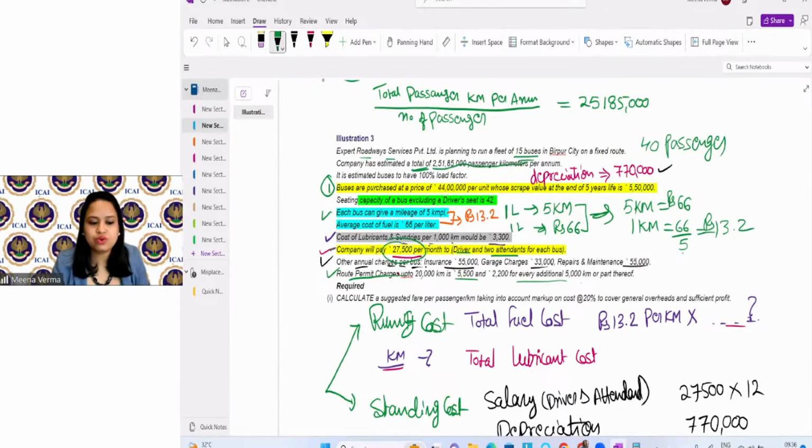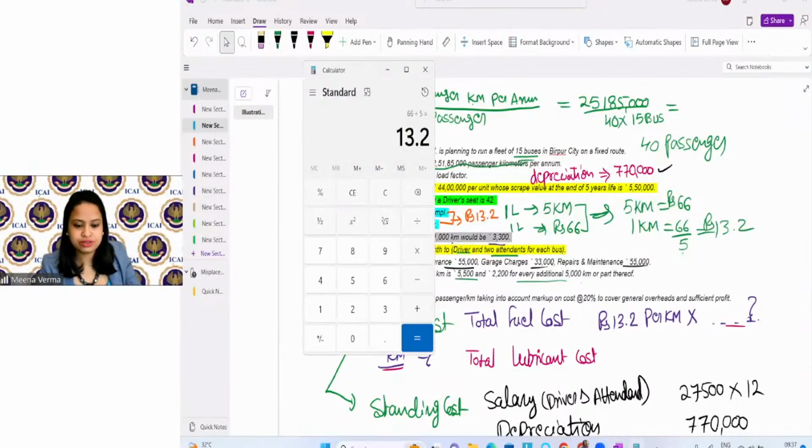And we want to find out the kilometer per bus. So just divide it with the number of passengers, which is 40 here, and the number of buses, 15 buses, so that you can get the kilometer traveled by one bus. Just solve this.